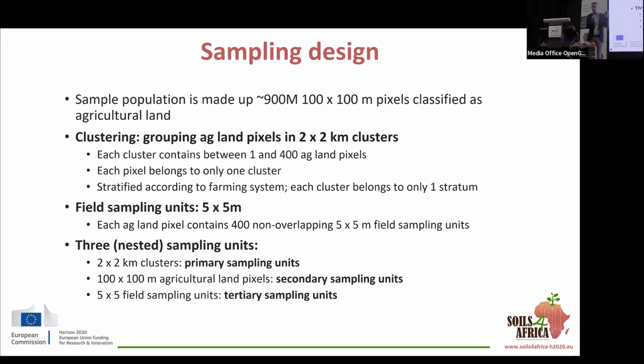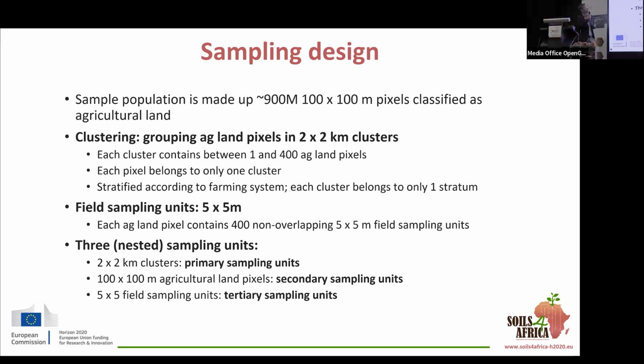So our starting point was this map. Our sample population is composed of 900 million 1 hectare, 100 by 100 meter pixels that we classified as agricultural land. We cluster these into blocks of 2 by 2 kilometers so that each cluster contains between 1 and 400 agricultural land pixels, and each pixel belongs to only one cluster.